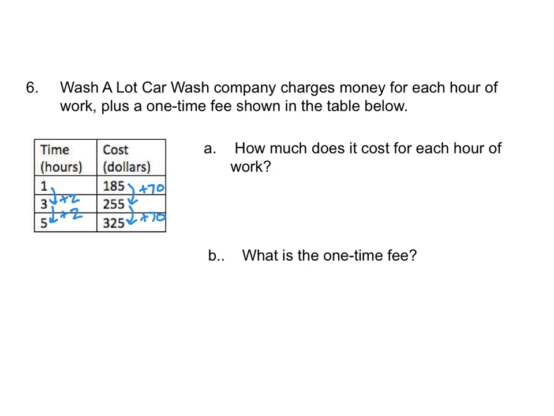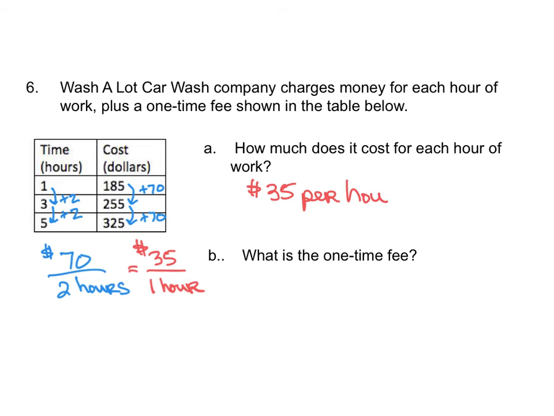But we want it every hour. So how would we figure that out? We can cross multiply and divide, or we can just divide the top and bottom by 2. So it's going to be $35 for every hour. So how much does he work? It's $35 per hour.